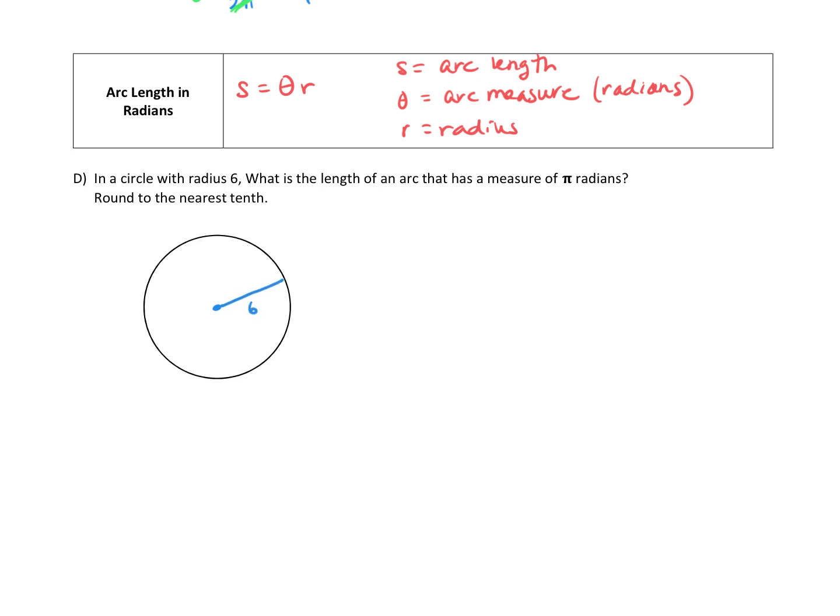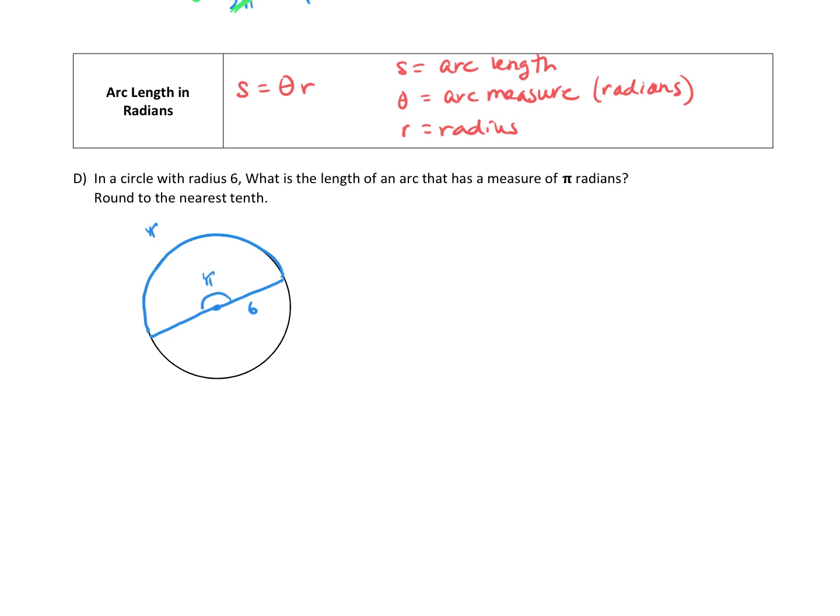Now they're telling us that the arc measure is pi radians. So remember, 2 pi is one full circle. Pi is just half of that. So it's just like your 180 degrees or a semicircle. So I'm just going to draw a straight line to the other side. From here to here, that arc measure is pi. The central angle would have a measure of pi.